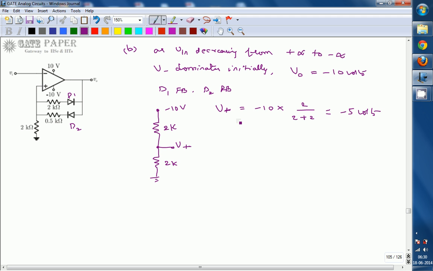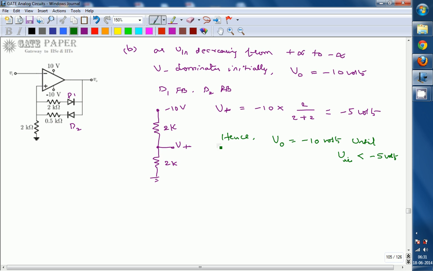Hence V naught will be at minus 10 volts until V input is less than minus 5 volts. Now V input is decreasing from a more positive voltage. From plus infinity it comes down until it reaches minus 5 volts, and the output voltage will be at minus 10 volts only.